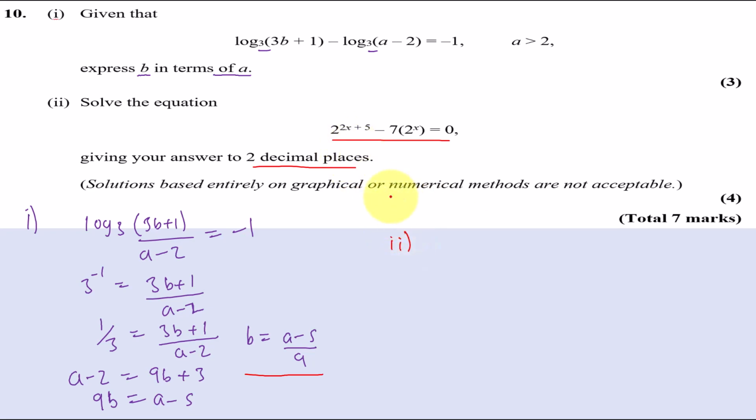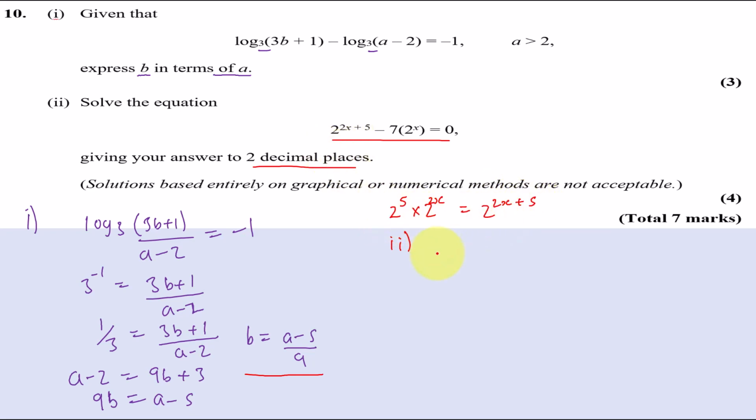Without unlocking this might be a bit difficult, but if you remember your index laws, if we have 2 to the 5 times 2 to the x, that actually equals, because we add the powers, 2 to the x plus 5. In this question, we add the powers, so that's actually 2 to the 2x plus 5. That's how we unlock this question.